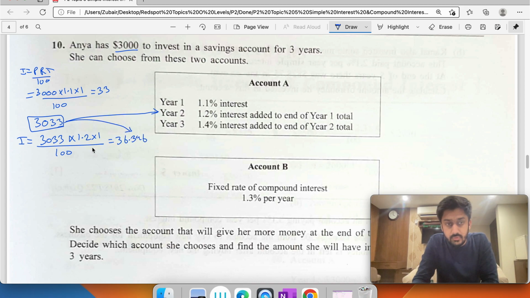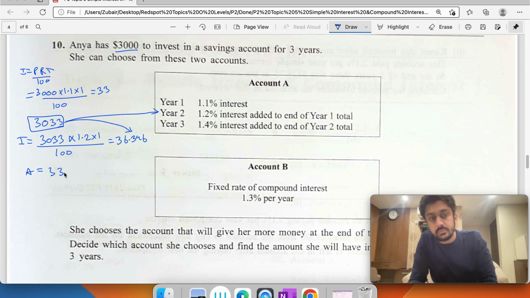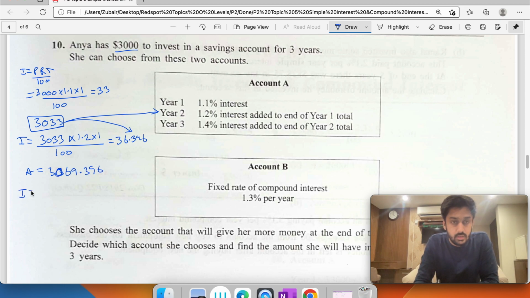Now we add the previous value and get the new amount at the end of 2 years, which is 3,033 plus 36.396, 3069.396.